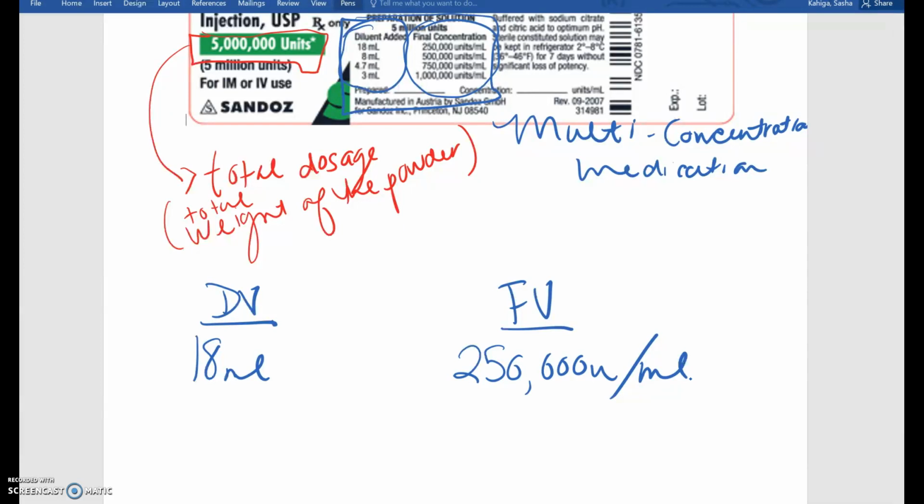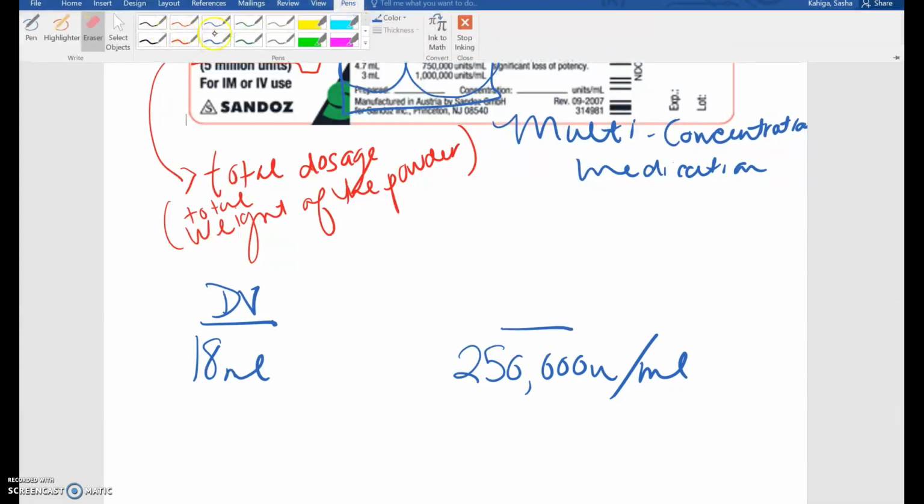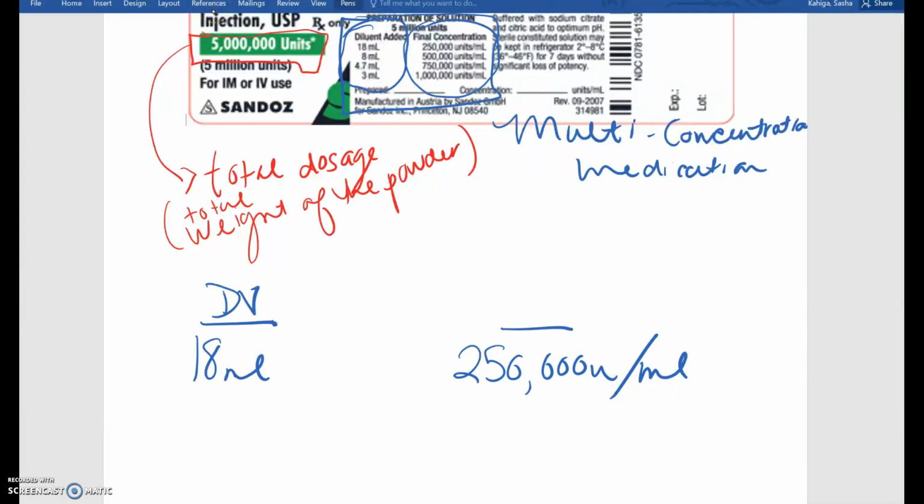All right. We're going to rename this little section here the dosage strength.